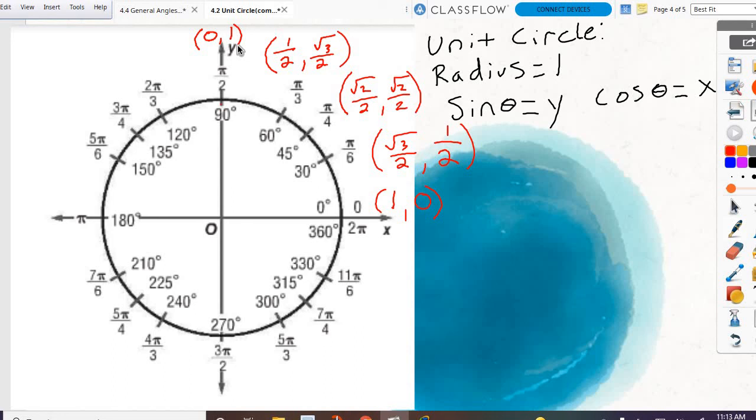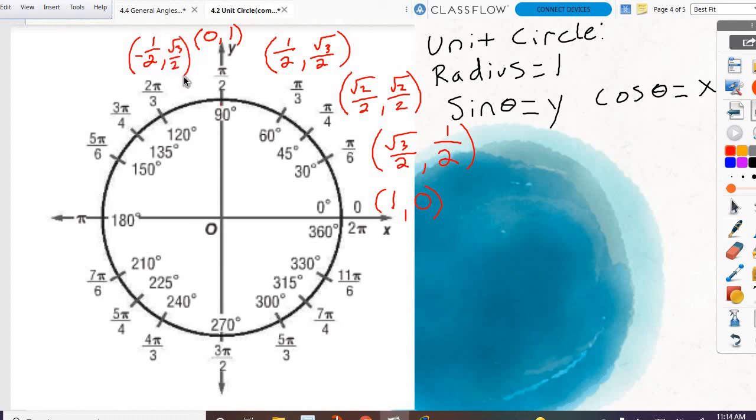If I found the reference angle of 2 pi over 3, I would get pi over 3. Which means that 2 pi over 3 and pi over 3 have to have the same sine and cosine. Agreed? So that means it's going to have the same point. So if sine and cosine are the same, these values are going to be the same, right? What's the only difference going to be? Some of the stuff is going to be negative. So what's going to be negative here? The x value, right?